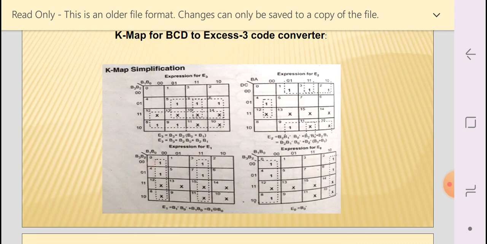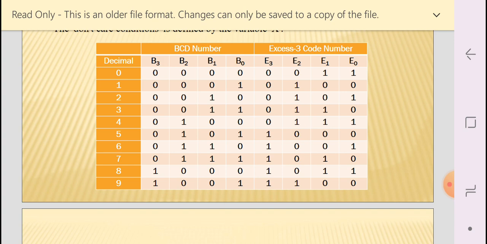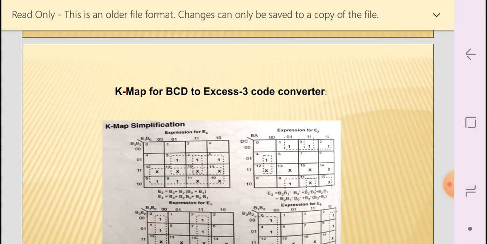So first put 10 to 15 as don't care. Then you have to put the values where it is 1. For E3, look at the positions where it is 1: 5, 6, 7, 8, 9. These positions are 1.